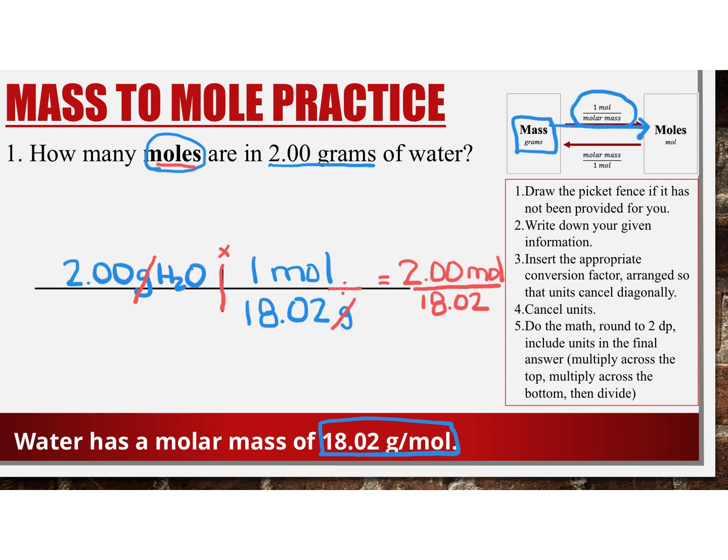So we're going to divide the 2.00 by 18.02, and we will get 0.11, and then we have to include our units, and then circle your answer so that we can find it easy. If you're feeling comfortable with this, try solving the next one on your own and then watch the video to verify that you got it correct.